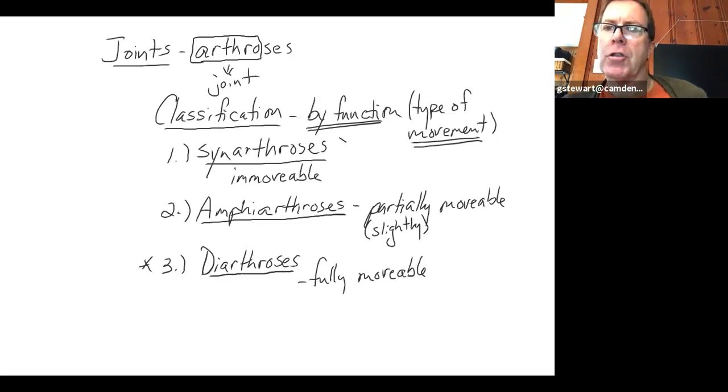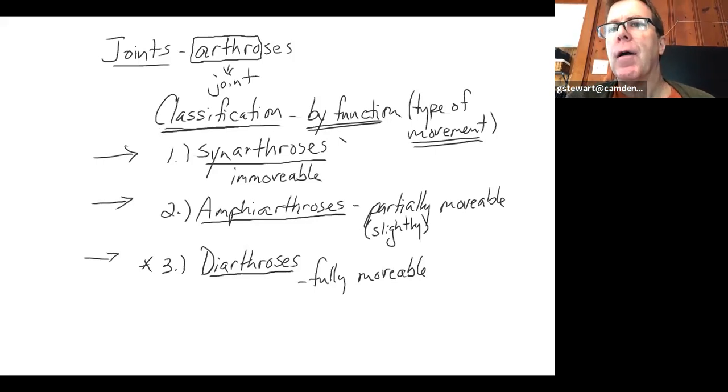Now, all of the structural classification joints will fall into one of these three categories. That gets more confusing. So I'm just going to layer over this page and go through the structural classifications, and then I'm going to relate them.